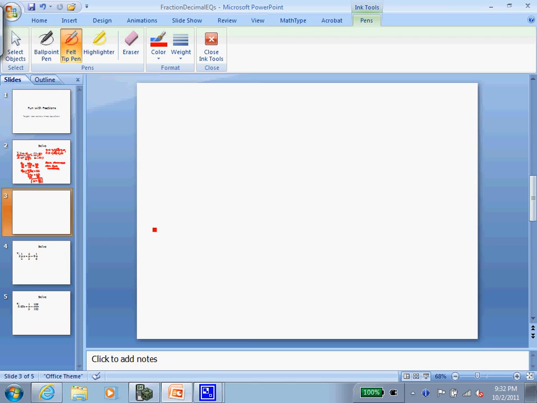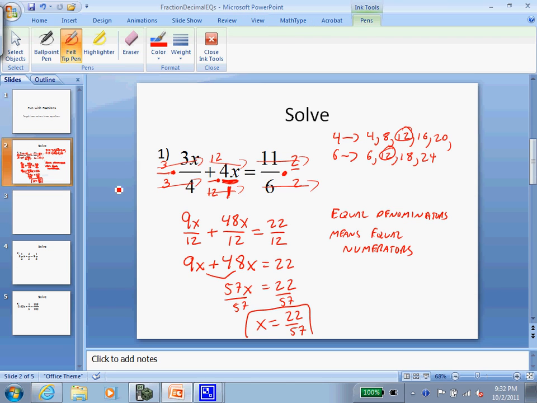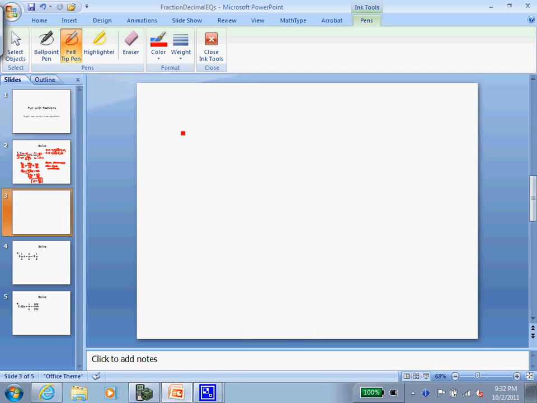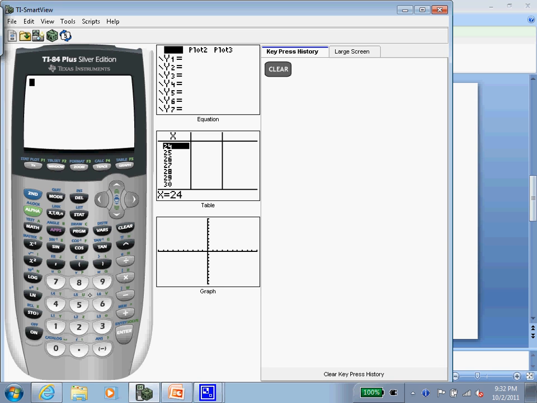Okay, so the other way you could do this, again going back to our equation, we could rewrite this as 3/4 x plus 4x equals 11/6. And as you know, we would block out the right side since the left side isn't completely simplified. And on my calculator, if I want to type a fraction, remember I have to put it in parentheses.